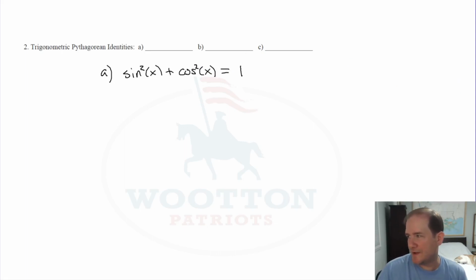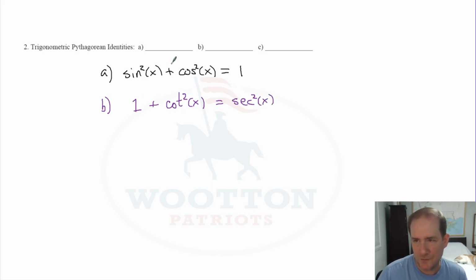Then from there we developed a few other forms of this. We said that if we divided through by sine squared, then sine squared over sine squared would give us 1, and cosine squared over sine squared would be cotangent squared. And 1 over cosine squared would be secant squared. So that was an alternate form of the Pythagorean identities.